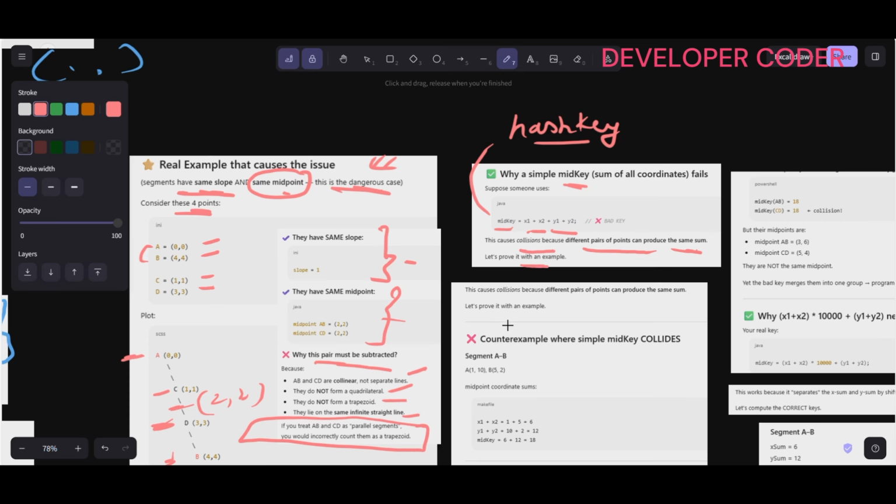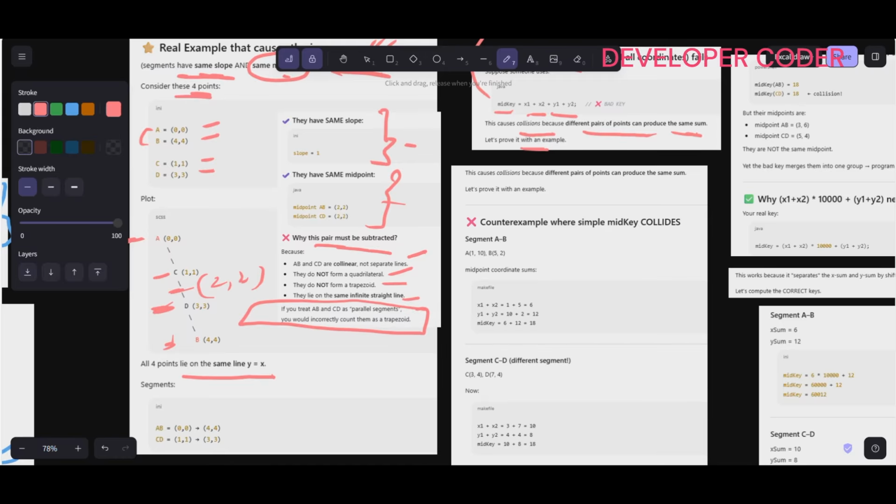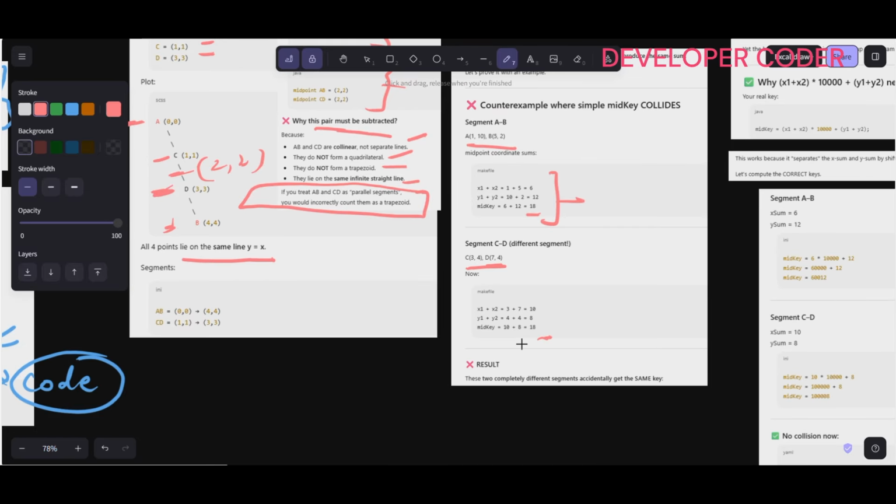Let me prove it with an example. Here if you see A and B, these 2 points, the mid key, if you just use x1 plus x2 plus y1 plus y2, you're going to get 18. Same way if you see the points C and D, you are going to again get this. These two completely different segments accidentally got the same key.